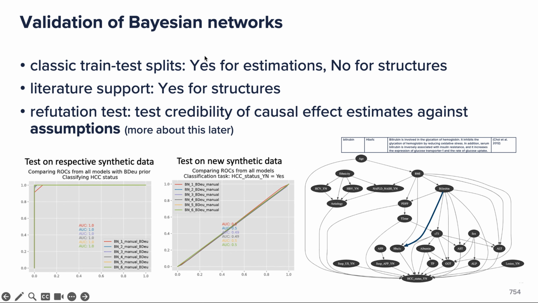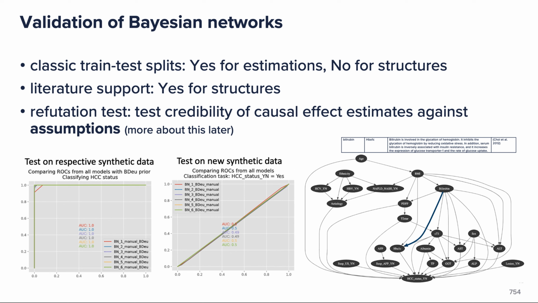But yeah, you can do train test split on the estimations, which is the mathematical calculation for the posterior probabilities. But for the structures, you will need literature support or expert knowledge. And in a situation where you want to look at counterfactuals, it's not possible to obtain counterfactual situations, because it is counterfactual, it's not factual cases.